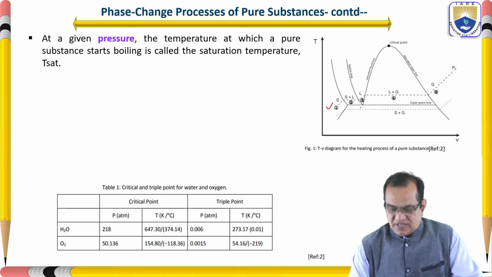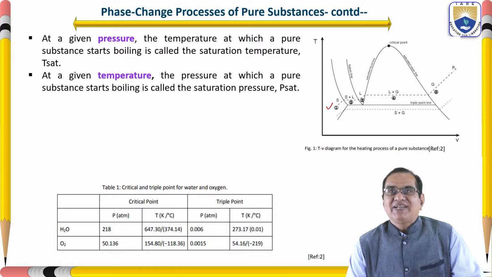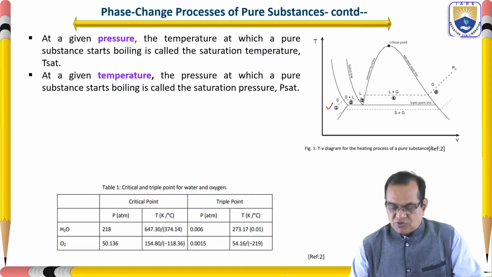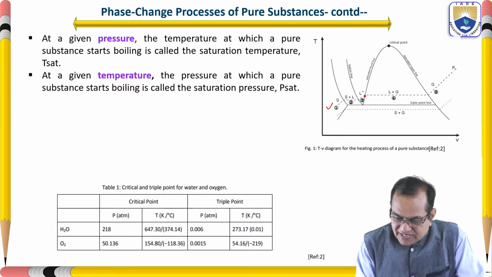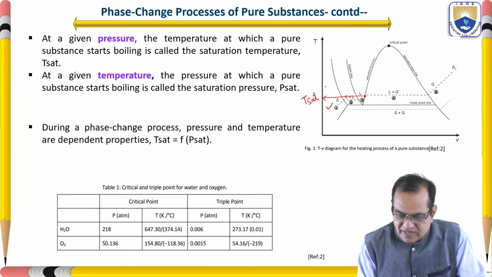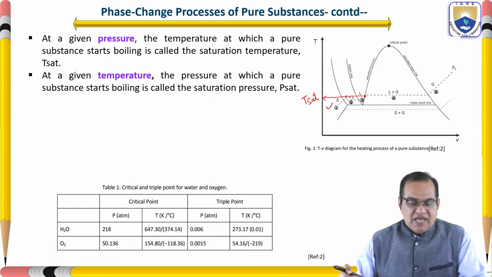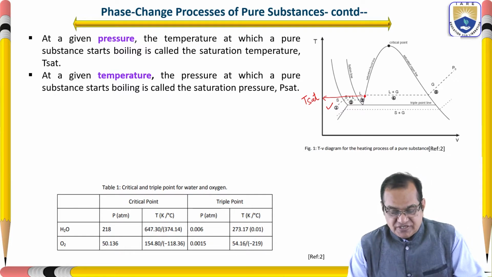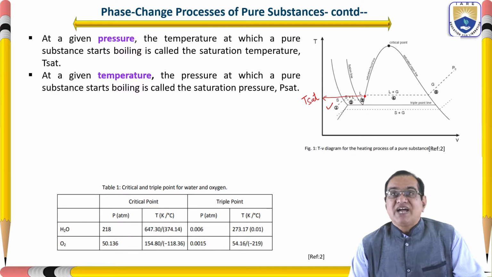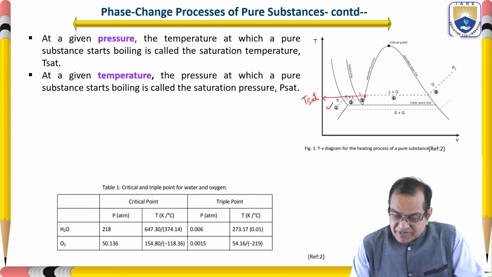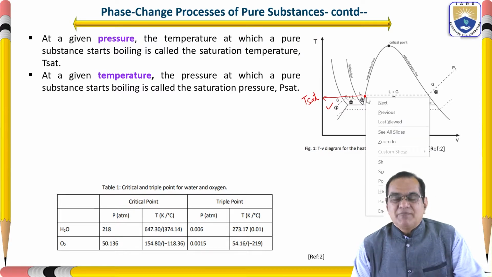So if you see this point, this is the saturation temperature. And at a given temperature, the pressure at which a pure substance starts boiling is called the saturation pressure. So the pressure at this point is called the saturation pressure.